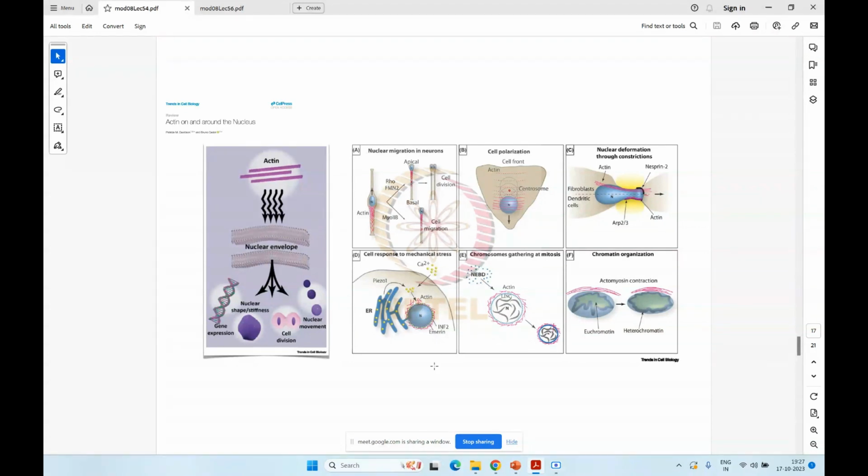So in cases such as intestinal cells, there is an apical side and the basal side. So in those cases, the cell needs to be polarized some way, and even during migration, the cell needs a certain direction to it, and all of this is a result of the crosstalk between actin and nuclear envelope.